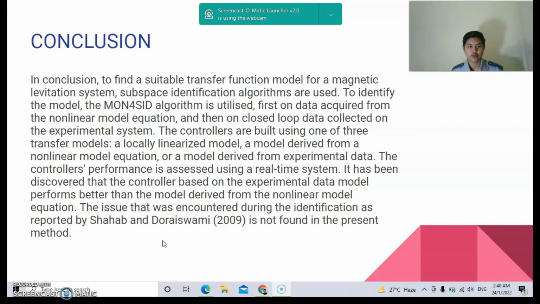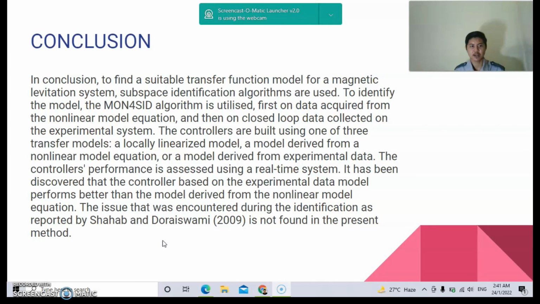The controllers are built using one of three transfer function models: a locally linearized model, a model derived from the nonlinear model equation, or a model derived from experimental data. The controller's performance is assessed using a real-time system.